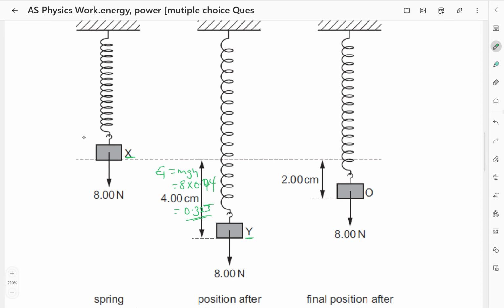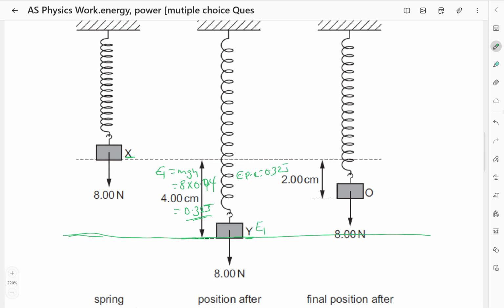In this position, because the material has been stretched, let's use position Y as the lowest point. If it has been stretched from X to Y and the change in gravitational potential energy is 0.32, it means the elastic potential energy here is 0.32 joules.